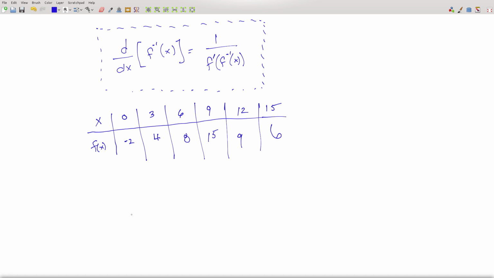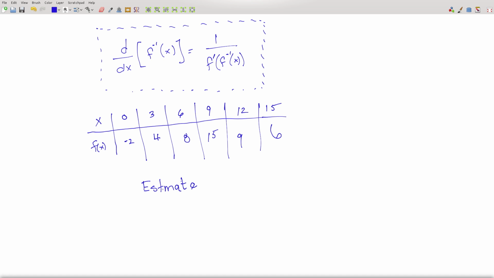Here, that is the table, and what we'll be doing with this table is we will be trying to estimate. The best you can do when given a table really is usually to just estimate.